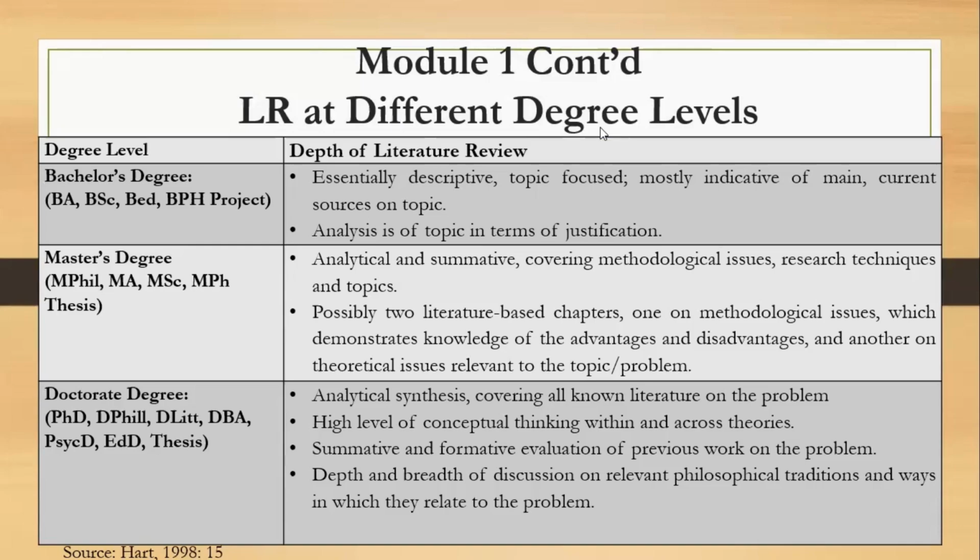Okay, so like I was saying, at the PhD level, what is required of you is a very higher level of conceptual thinking, because you are going to step into the field of creating knowledge. And so what is required of you is your ability to pitch knowledges or pitch different literatures among themselves and be able to analyze them.